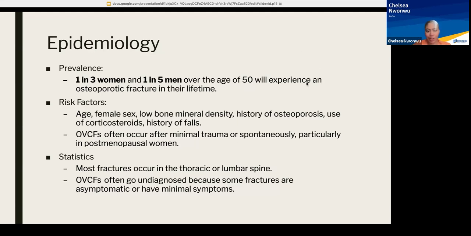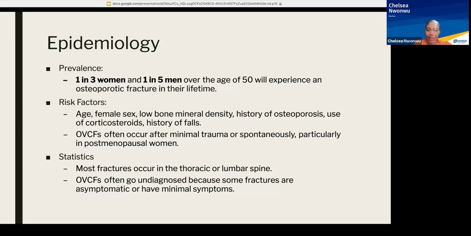So continue on, 1 in 3 women and 1 in 5 men over 50 will experience an osteoporotic fracture in their lifetime, making OVCFs a substantial public health issue. And these fractures predominantly occur in the mid-thoracic spine or the thoracolumbar junction region, because they have significant biomechanical stress.